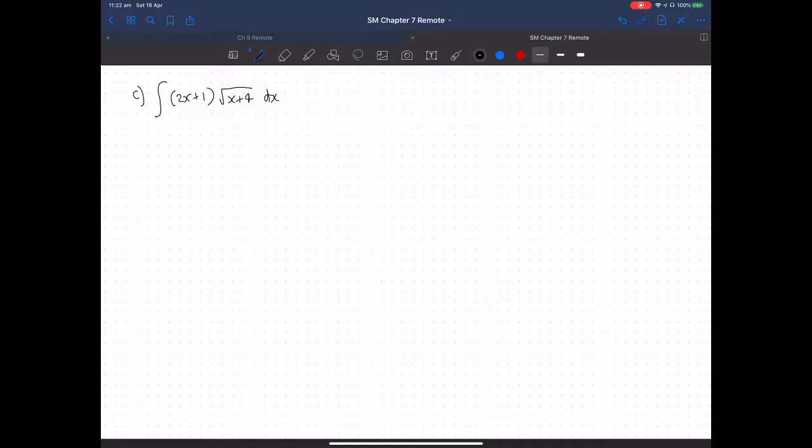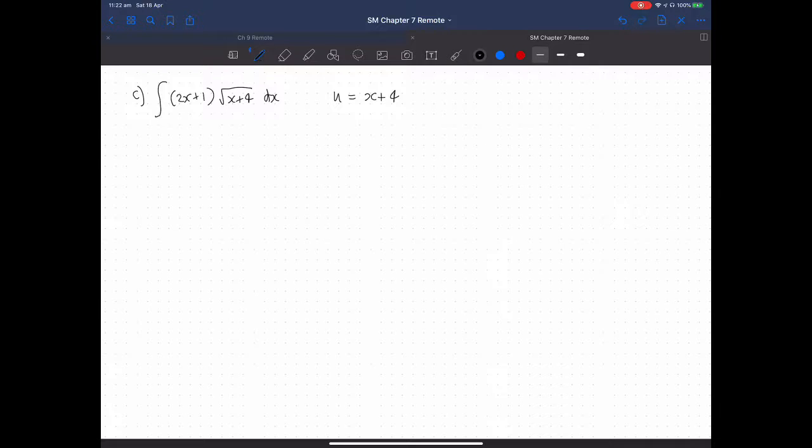But outside that square root sign, we've got 2x plus 1. So what we do here is similar as before. We let u equal what is inside that square root sign. u will equal x plus 4. But unlike the other questions, this is where we do a little bit of manipulation.